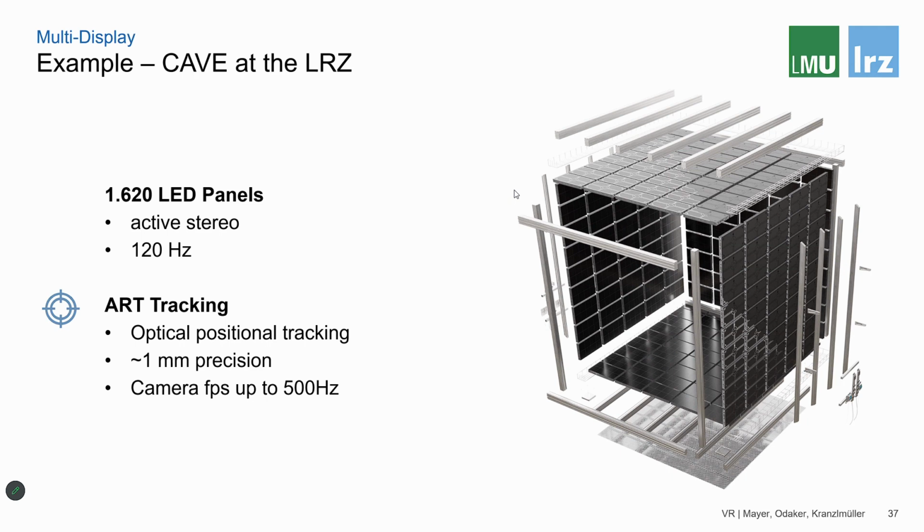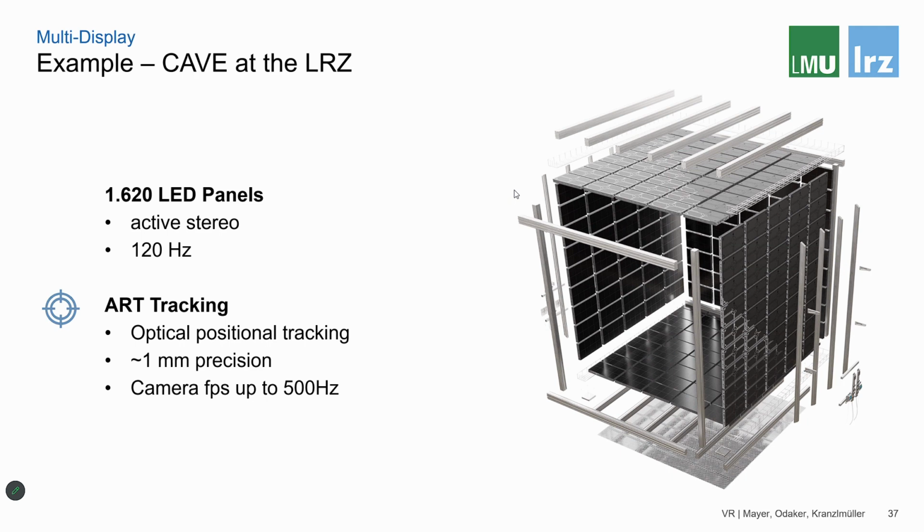Our cave, for example, has a pixel pitch of 1.25 millimeters. That means that the centers of two neighboring pixels are 1.25 millimeters apart. Combined with a screen size of 3 by 3 meters, or 3 meters and 3 centimeters, something like that, gives us a resolution of 2400 by 2430 pixels per wall times 5 walls.